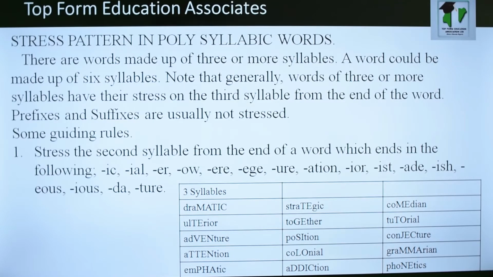But if you know the rule, you know that whichever way your mother tongue makes you pronounce that word, the stress should be on the first and not on the second. So I want you to understand why we have to use these rules as helpers. So we have some guiding rules, and these ones are for the words with 3 syllables, which is polysyllabic word stress.